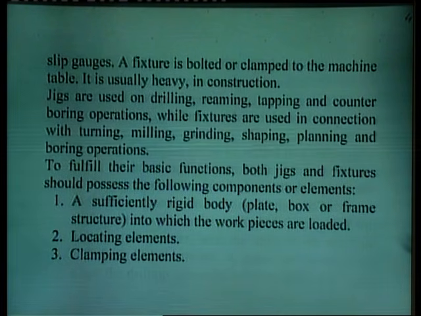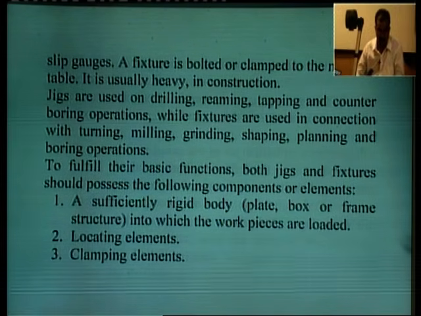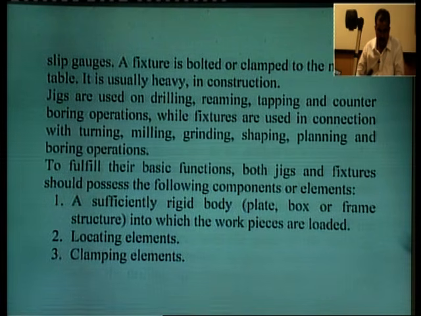Then, to fulfill their basic functions, both jigs and fixtures should possess the following components or elements. It must have a sufficiently rigid body, plate, box or frame structure into which workpieces are loaded. It must have some locating elements.